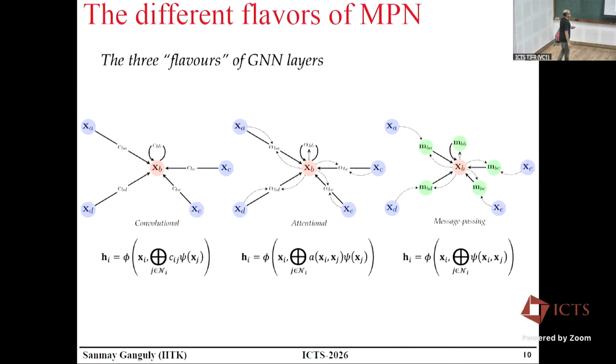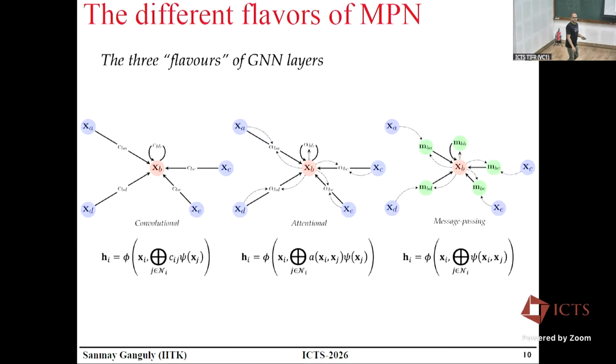One is called convolutional, where the coefficient used to combine numbers from neighborhood nodes is independent of the initial node data, represented here as X. Then you can combine the neighborhood node data, construct an attention score, and use that attention score as a kind of gathering weight.